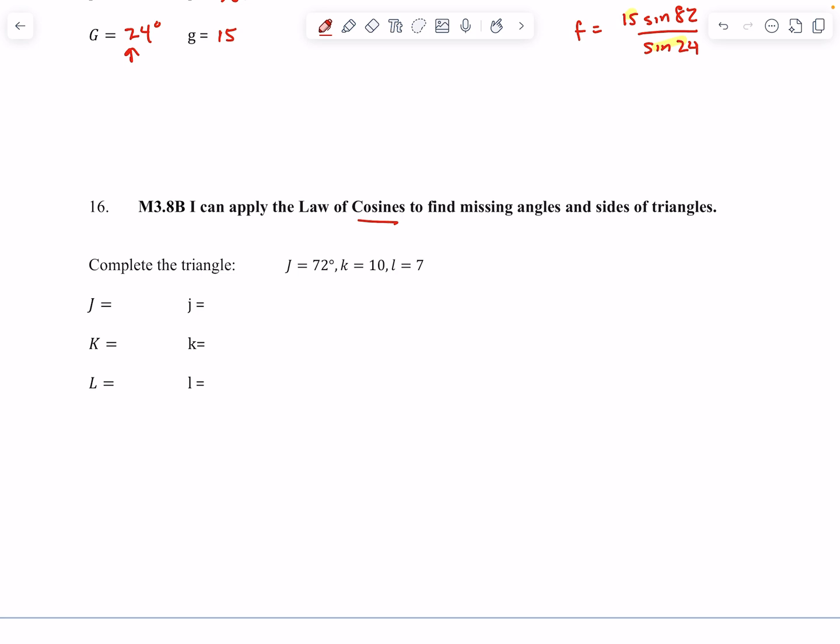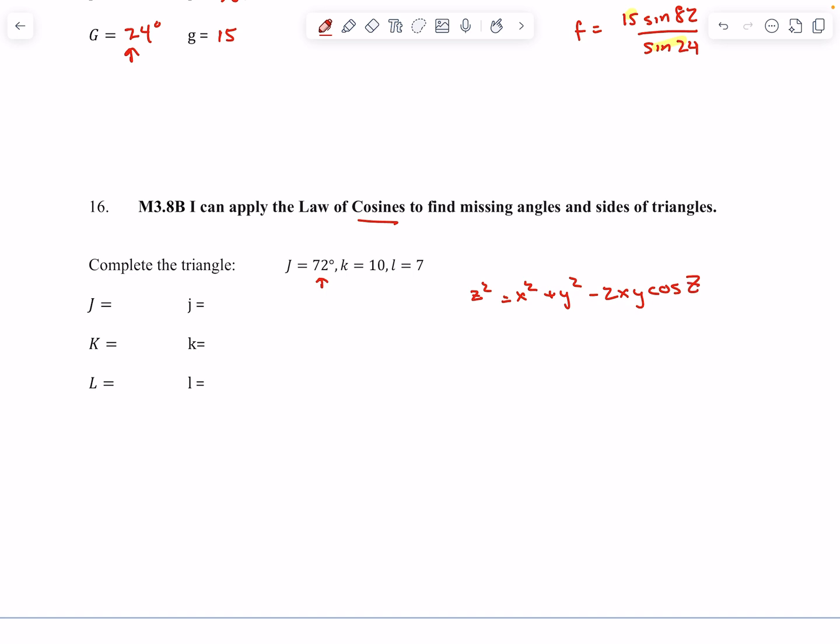Law of cosines. So we have z squared is x squared plus y squared minus 2xy cosine z. What goes where if you have j, k, and l?